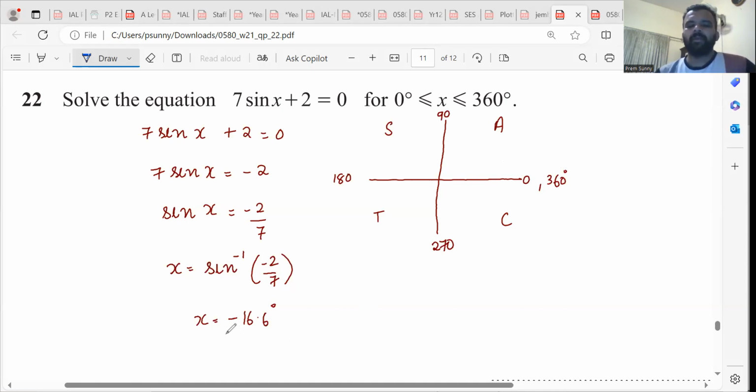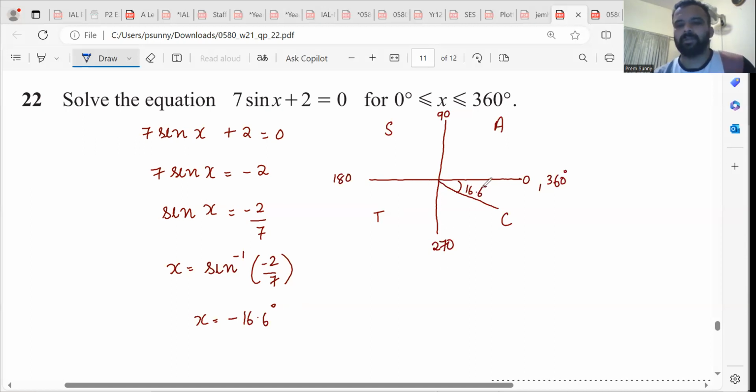Now, when I look at this angle over here, x is minus 16.6. So if the angles are positive, we will be moving in the anti-clockwise direction. If the angle is a negative angle, we have to move in the clockwise direction. So from 0, minus 16.6 means the angle will be moving in the clockwise direction.